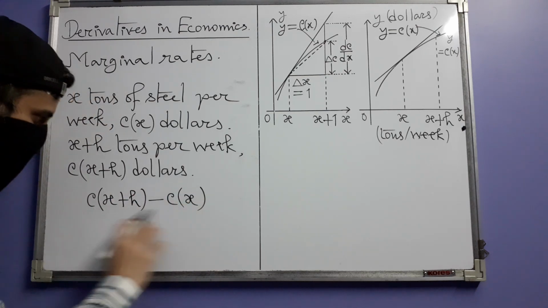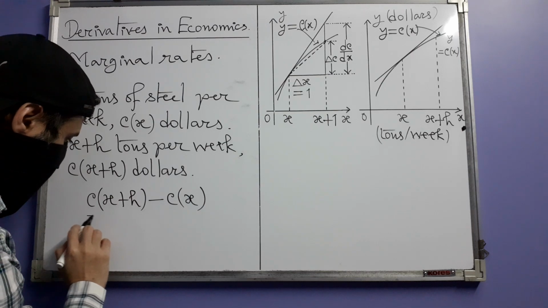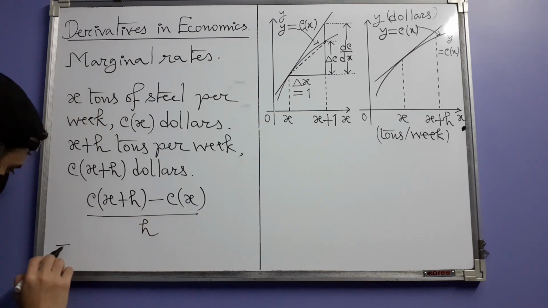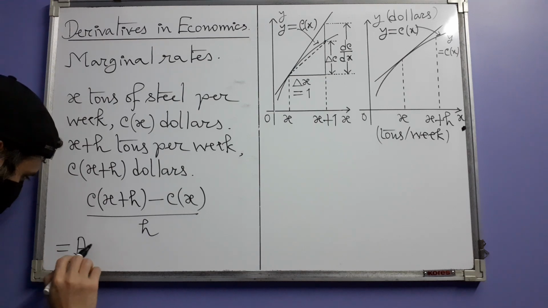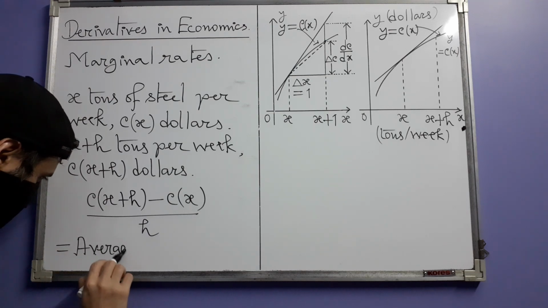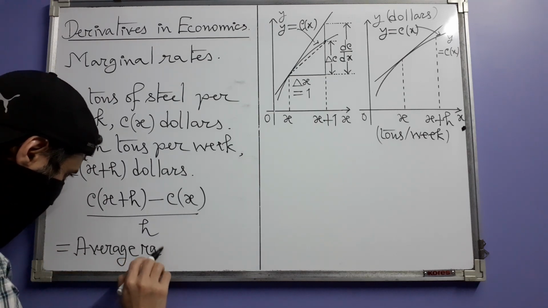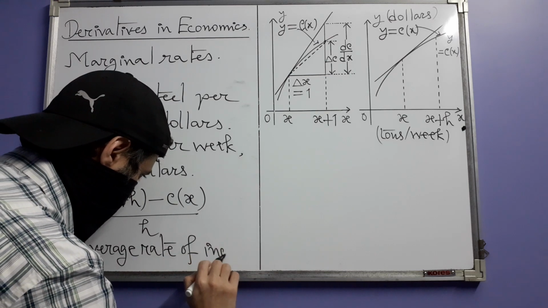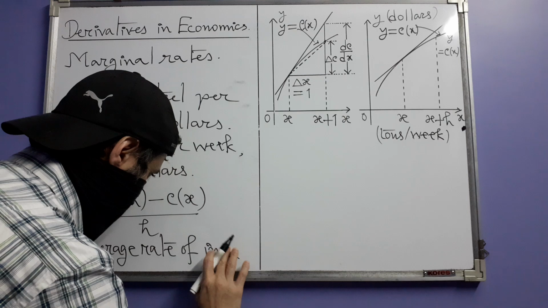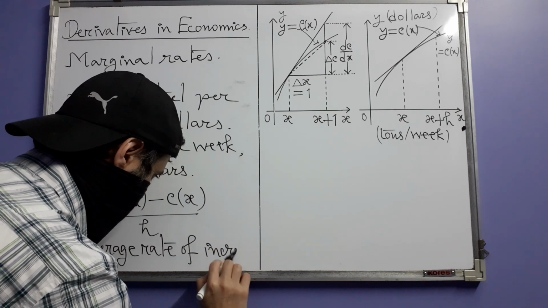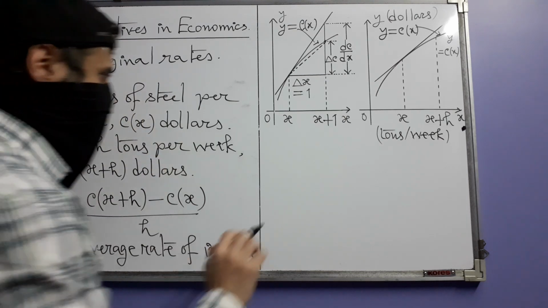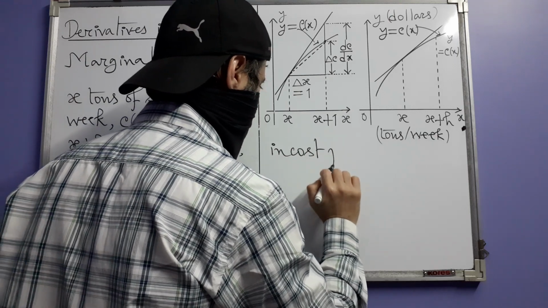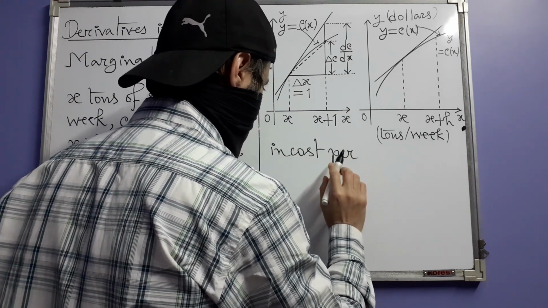Now, if you divide this difference by H, then that is your average rate of increase in cost per ton per week.